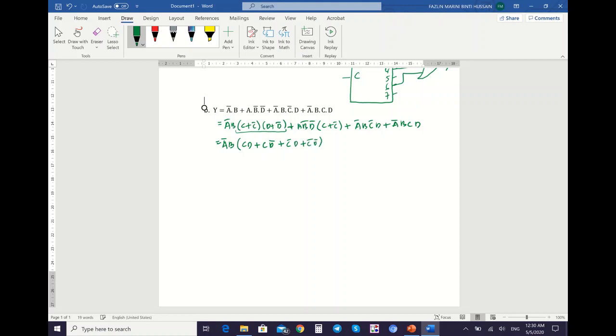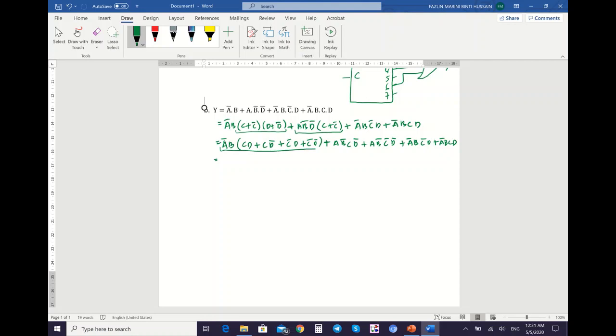Now for these two, you will get A B bar C D bar, plus A B bar C bar D bar, plus A bar B C bar D, plus A bar B C D. Okay, now, just for the first term, it's not completely expanded, so we just continue expanding between these terms, right?